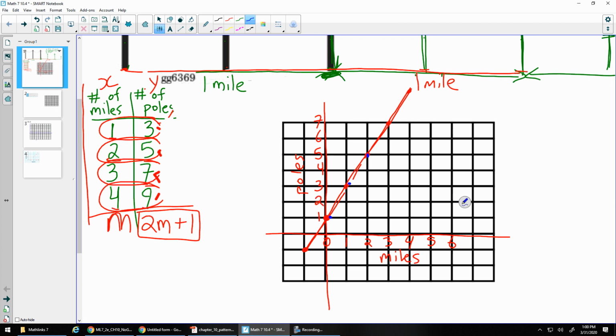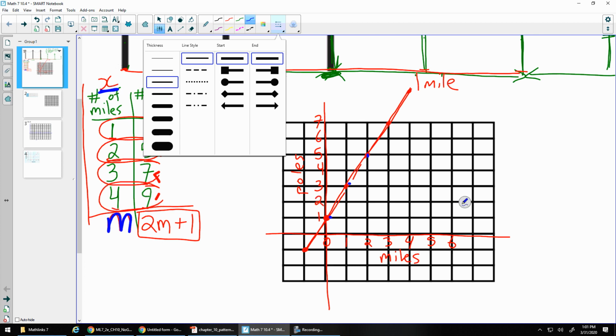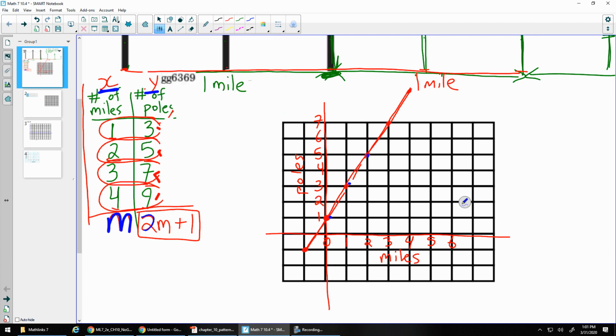Okay, so we have this x and y. I just want to quickly talk about this. For x, we had the variable of m. And y we said was 2m plus 1.